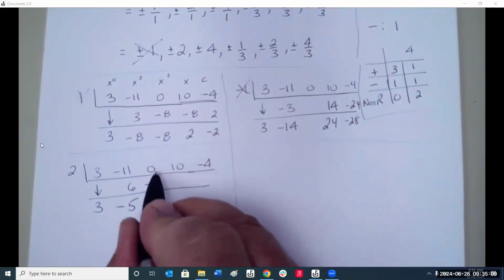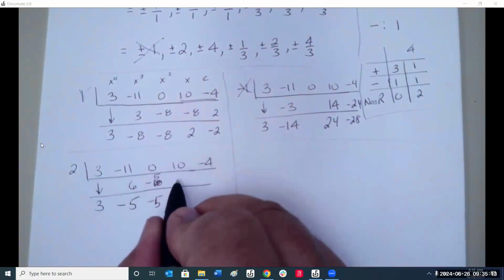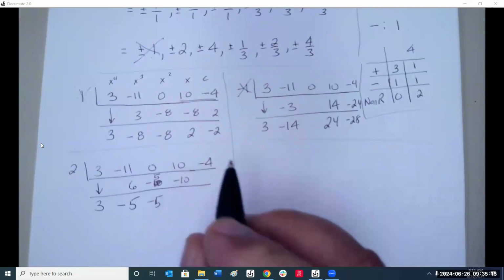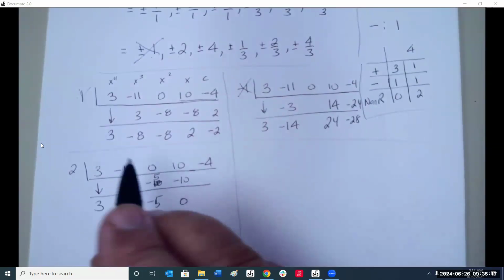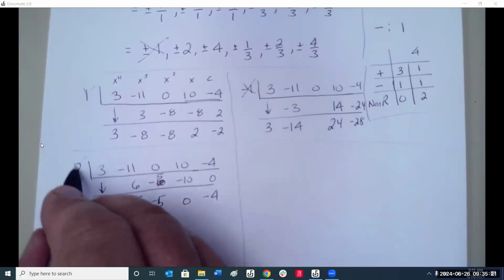So that's 0 plus -5 is -5. 2 times -5 is -10. The answer is not 0. So, nope, not +2.